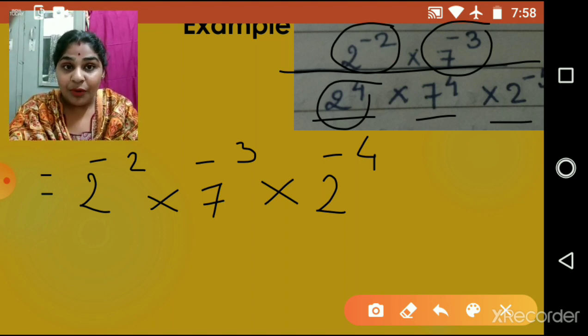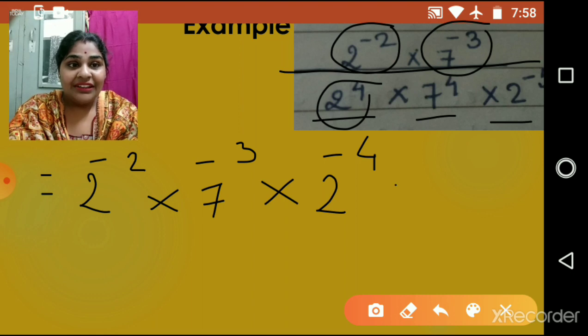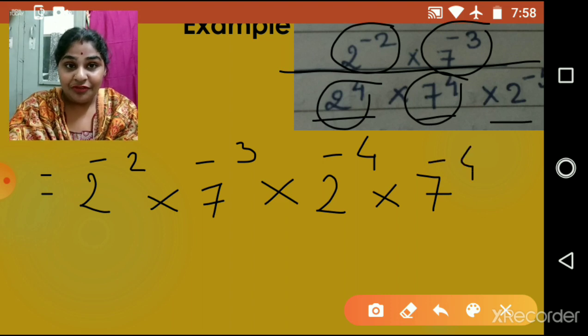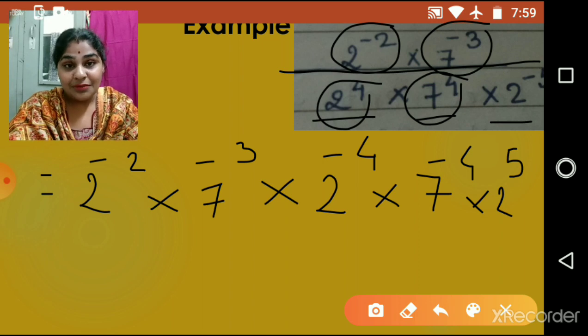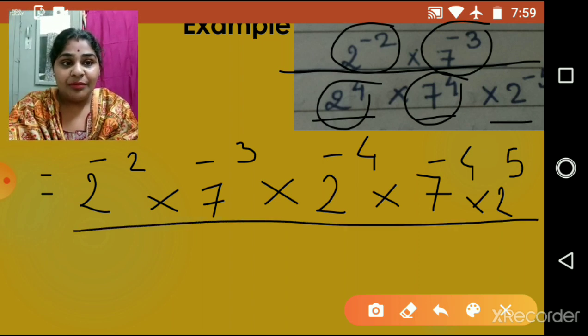That is, 1 upon 2 raised to 4 is equal to 2 raised to negative 4. Similarly, multiplied by this 7 raised to 4 becomes 7 raised to negative 4, multiplied by 2 raised to negative 5 becomes positive 5. So now this is completely in the multiplication form, children.